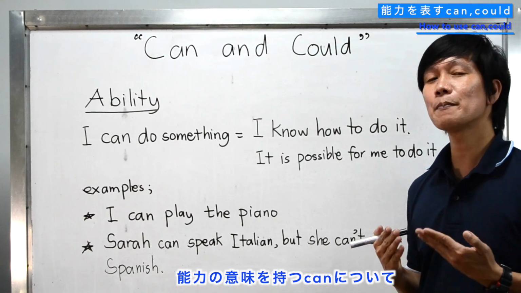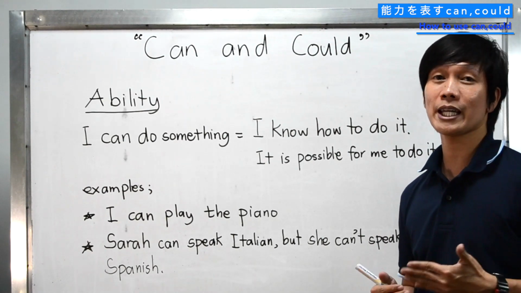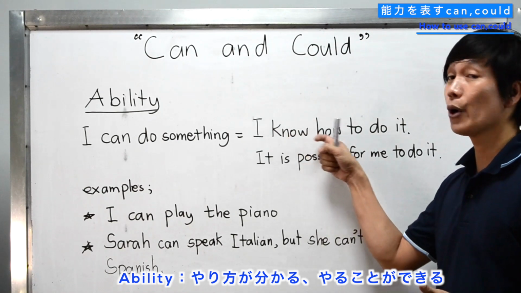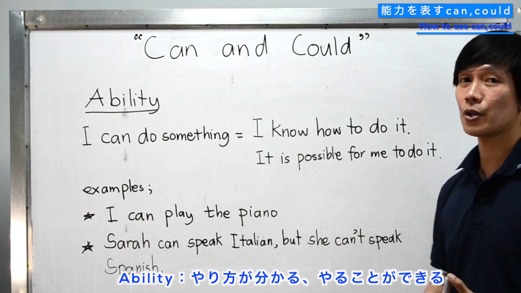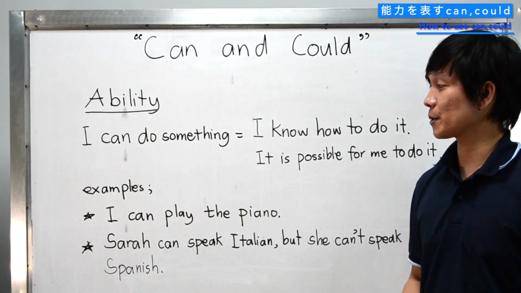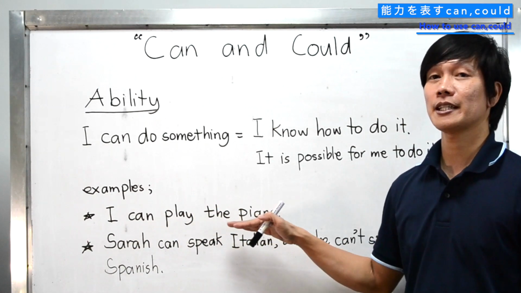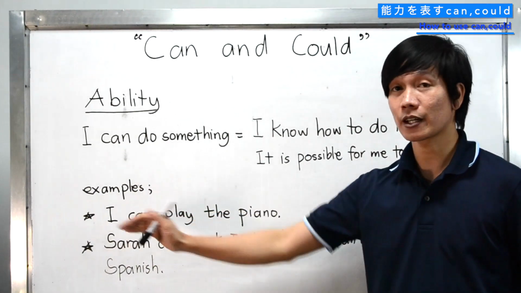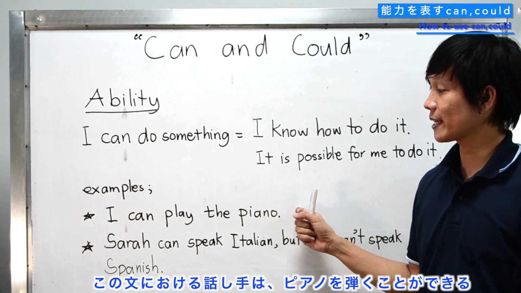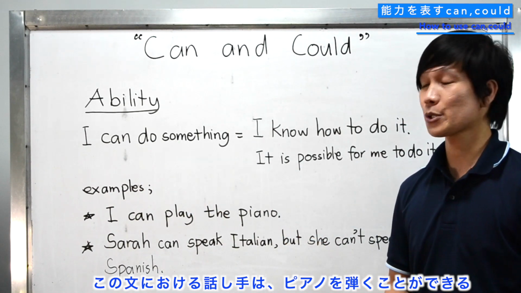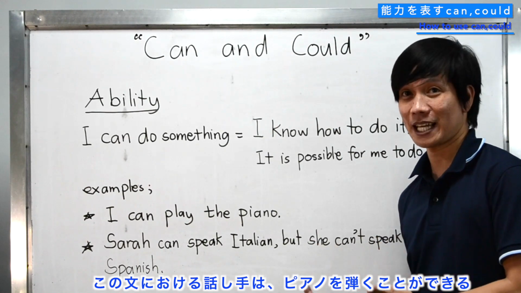When we say ability, it means you can do something, or I can do something, or I know how to do it, or it is possible for me to do it. For example, I can play the piano. So in this sentence, the speaker or the subject of this sentence has the ability to play the piano. That's why I can play the piano.